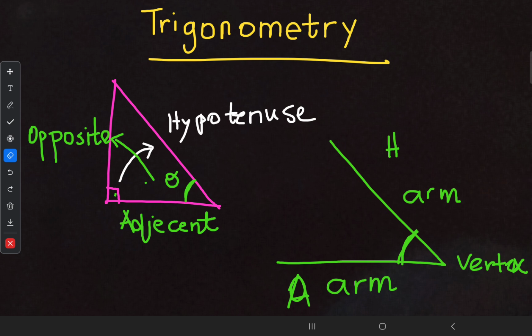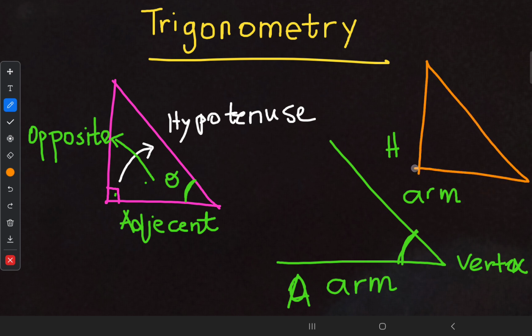In the same triangle, let's consider another angle. The hypotenuse does not change; the hypotenuse means the side which is opposite to the right angle.